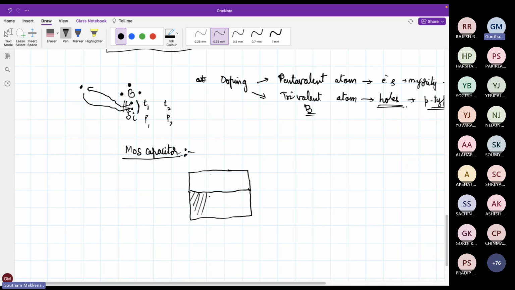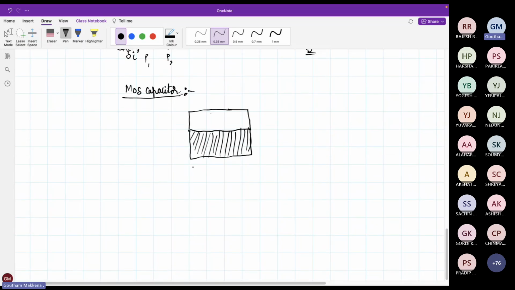And another layer is nothing but a semiconductor. Okay, so this is MOS. When I say MOS capacitor, M in MOS stands for metal, O for oxide, and S for semiconductor. Suppose I have taken the P-type semiconductor and I know that holes are majority carriers.